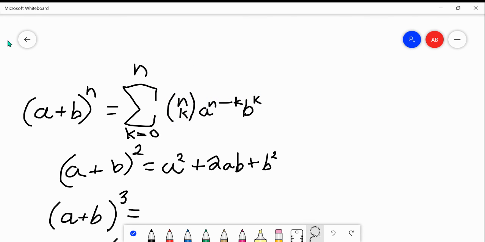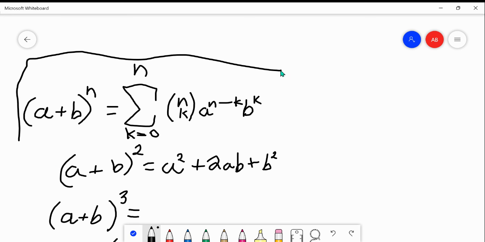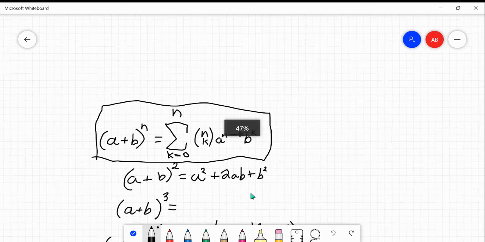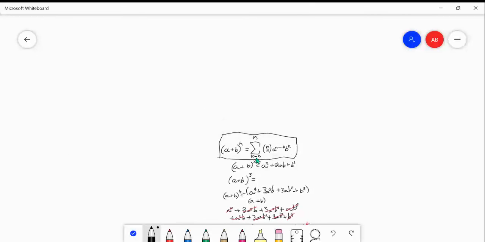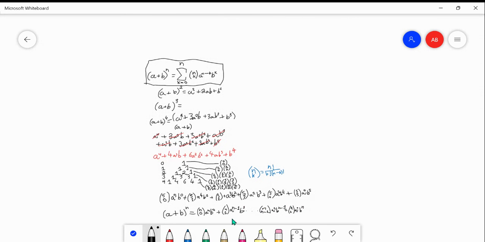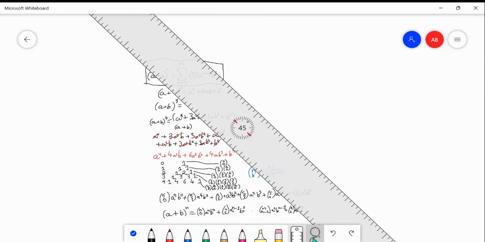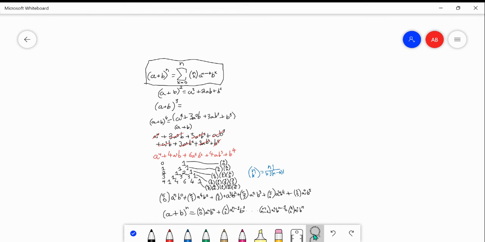And this over here is the equation for a plus b to the power of n. It works every time. You have to keep incrementing k one by one and adding it to the previous terms. And we know what n choose k is. Everybody knows what that weird looking fractional thingy is by the end of this video.